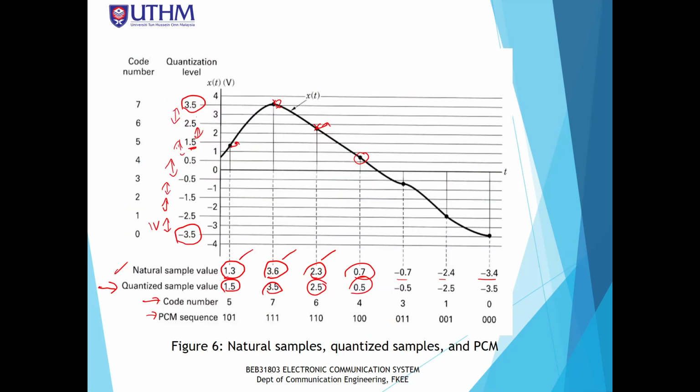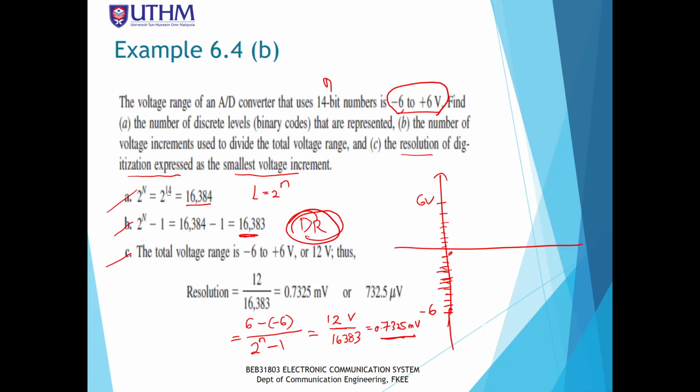If you see from the previous example, in this example the resolution is 1 volt. Every step size, the difference is 1 volt. But in that example, the step size, or the distance between one level to another level, is 0.7325 millivolt.